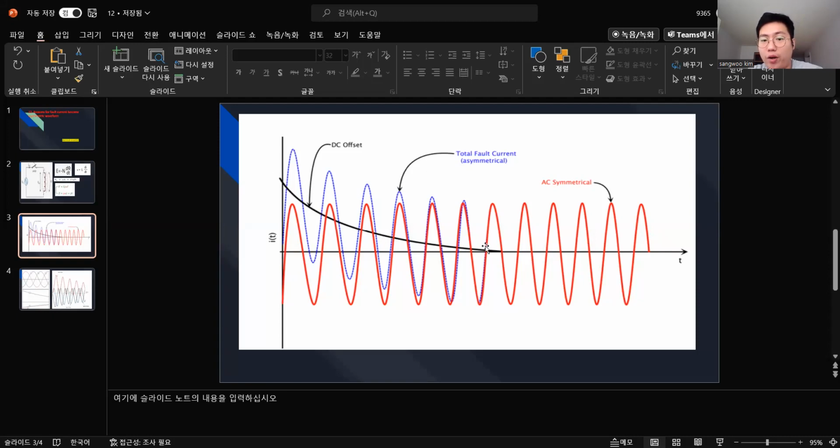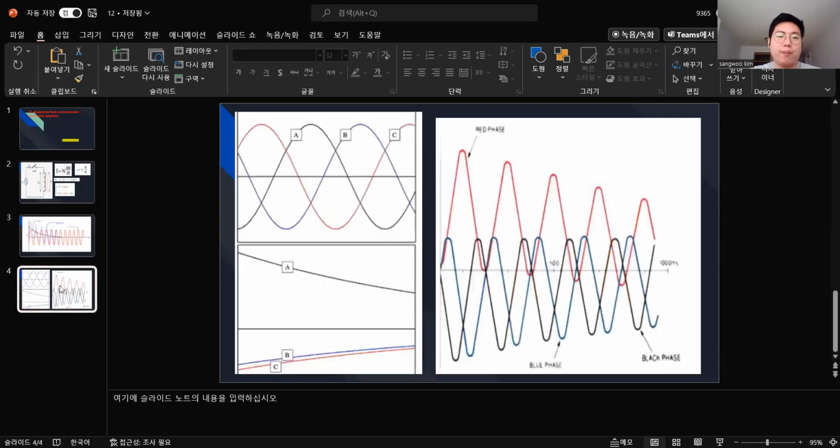And this line is now the standard for the fault current. You know what I mean? The blue line. And then as time goes by, this DC offset, I said inertia, is not constant power. It disappears, right? That's why as time goes by, it becomes symmetrical. It disappeared. That's what I explained.